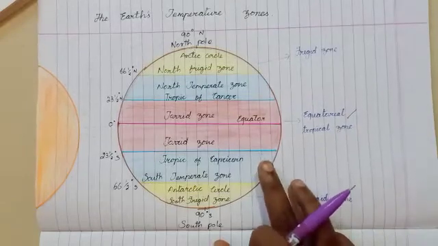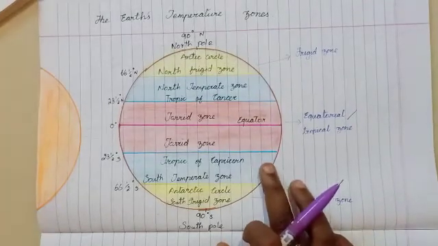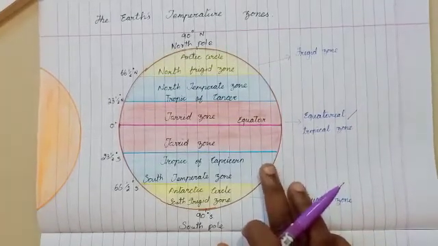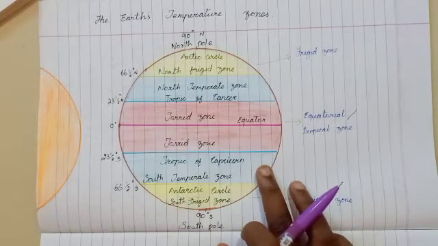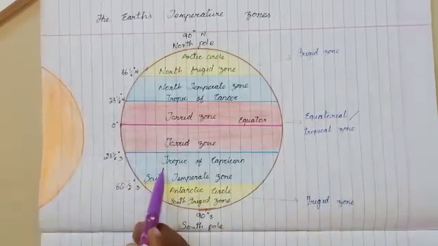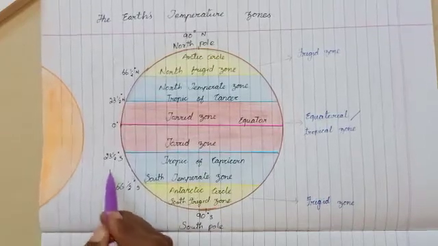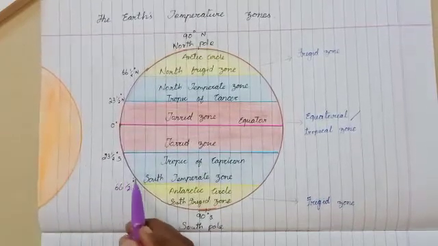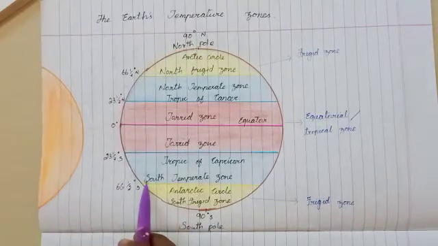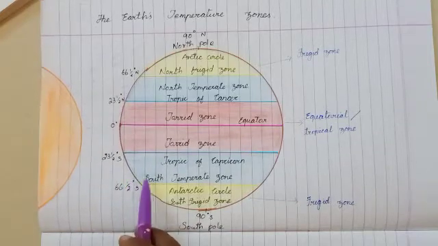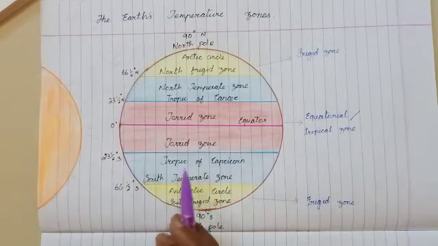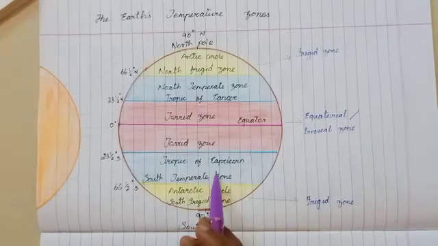The temperate zone will have a cooler and drier climate. We know very well it is not receiving the direct sunlight, it is receiving the sunlight in a little bit slanting rays from the sun. So it has a moderate temperature, cooler and drier.